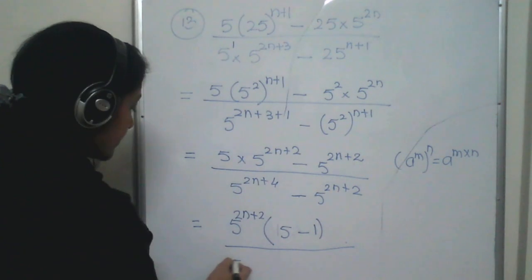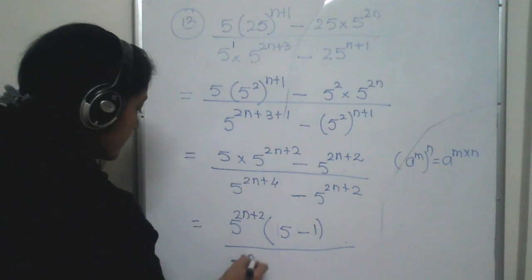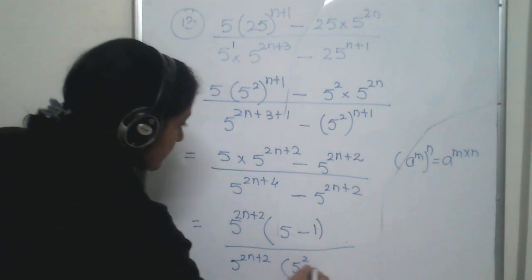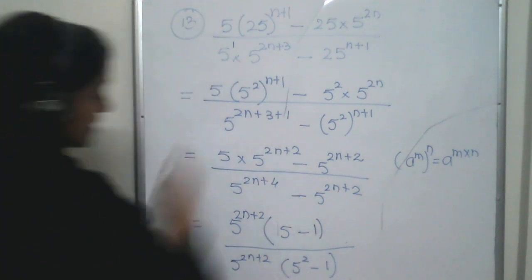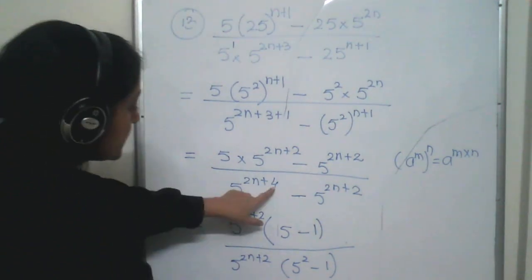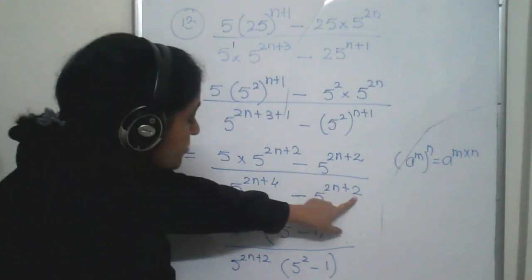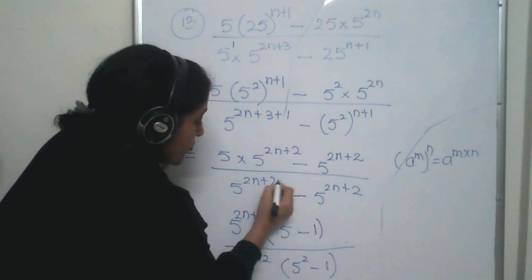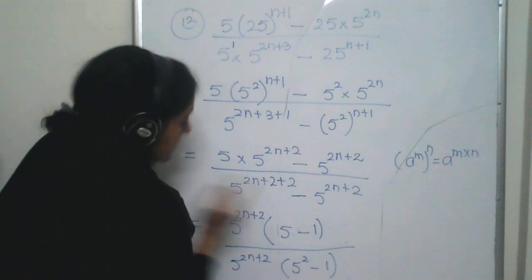So what I will do is 5 to the power 2n plus 2 into bracket 5 to the power 2 minus 1. What does this mean? 5 to the power 2 has remained from this 4. Here it is only 2. You may say that 4 can be written as 2 plus 2. Yes.